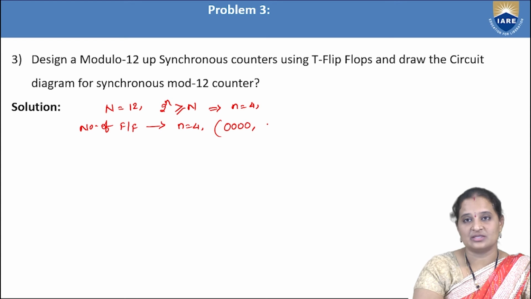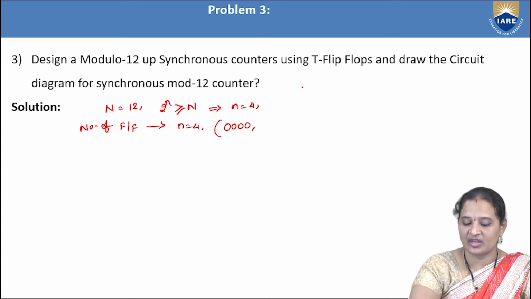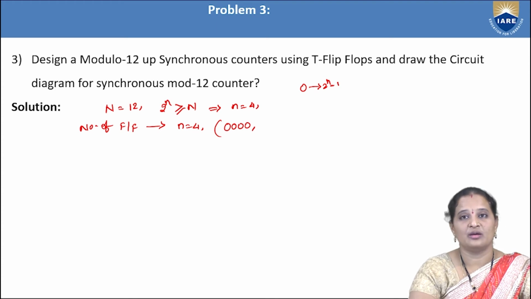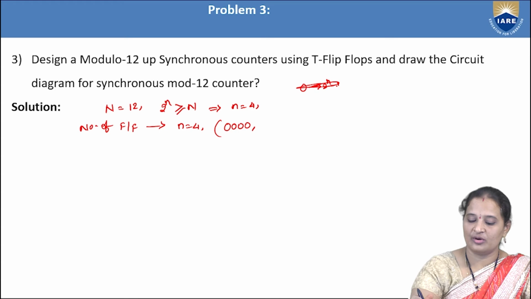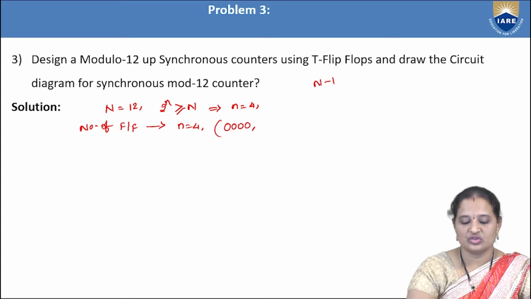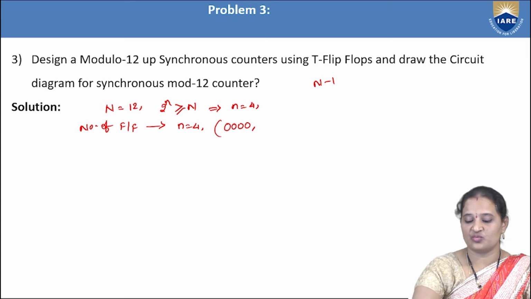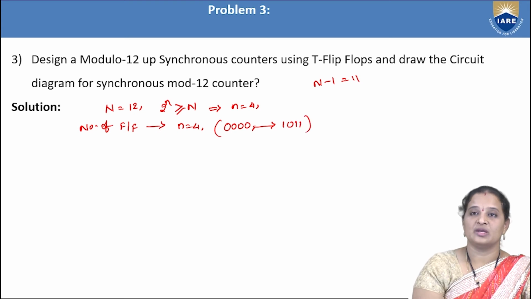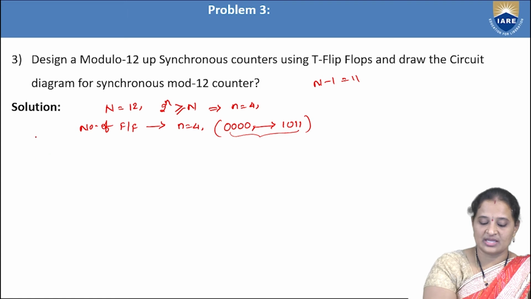For 12 pulses, the maximum count can vary from 0 to 2 power n minus 1, or else we can say that the count can be N minus 1. So what is N here? 12. 12 minus 1 means 11. What is the binary equivalent of 11? That is 1011. So these are the states.